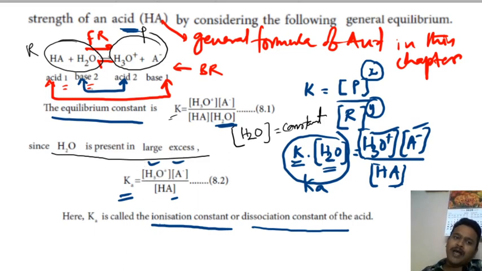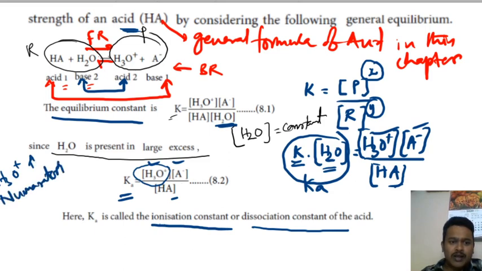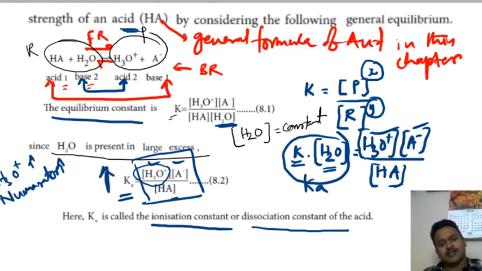That means H plus released by this acid here is more in quantity. More number of H3O plus ions are there, which means the numerator is more. H3O plus ions increase means the numerator increases, this overall value increases, so obviously Ka also increases.